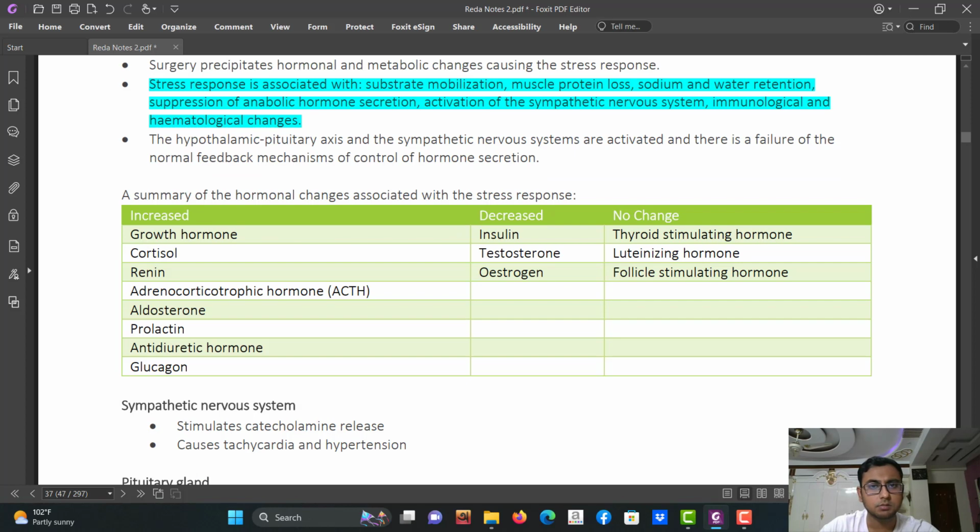Now in summary, what are the hormonal changes? Very, very important, not only for MRCS but also any PG exam. You will get a question from this chart.